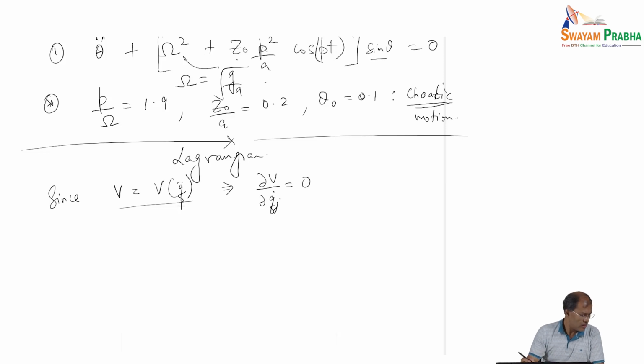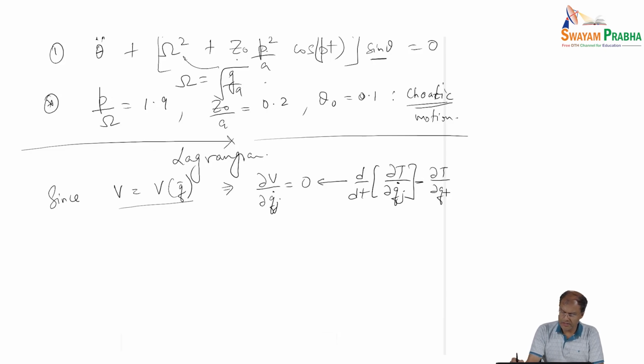So in that case, we can revisit our Lagrange equation of motion, that is d/dt of partial T partial q_j dot minus partial T partial q_j, and this is also equal to d/dt of partial V partial q_j dot minus partial V partial q_j, right?